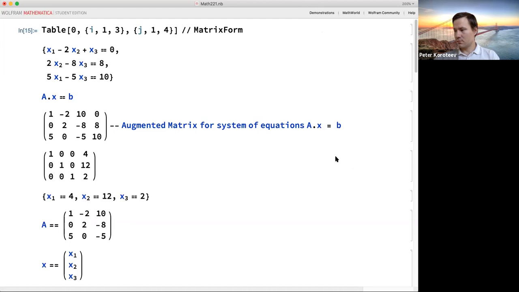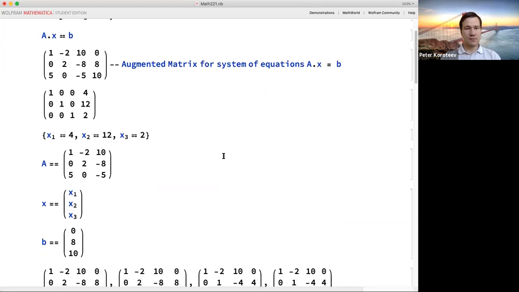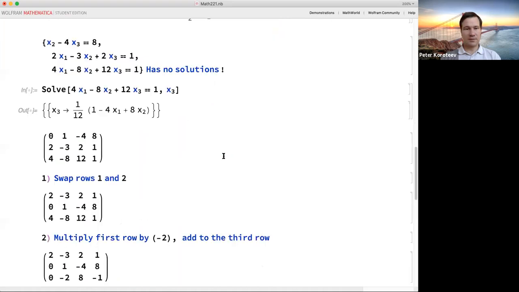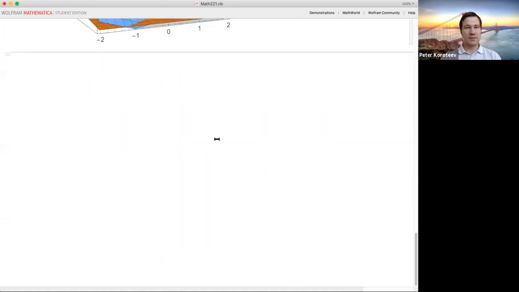Okay. Good. So let's recap a little bit. Let's just take a matrix, reduce it to the echelon form, and then interpret this as having a set of linear equations, in terms of solutions of systems of linear equations.